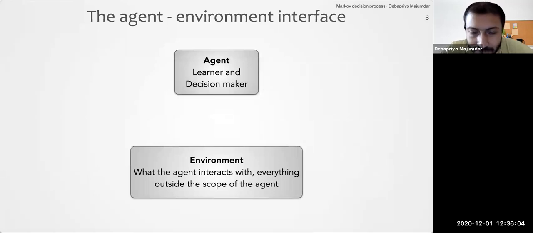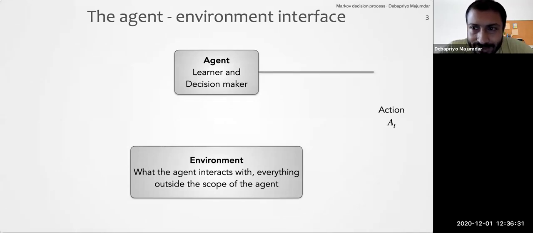So the environment is essentially everything outside the scope of the agent. At this point, it's pretty high level. You can all try to think about examples. I'm not going into too many of them, but we will come across examples in the course of the classes that we'll have.